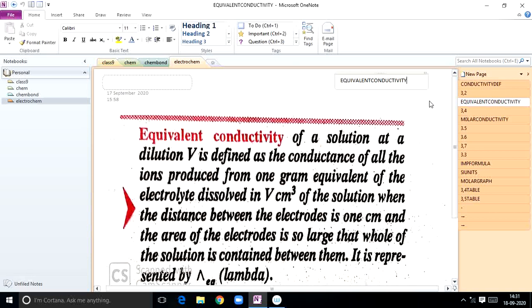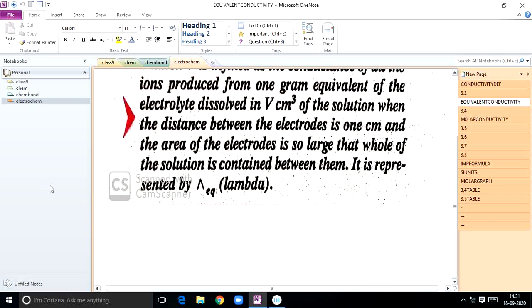So the conductance of all the ions produced from 1 gram equivalent of an electrolyte dissolved in V centimeter cube of the solution, when the distance between the electrodes is 1 centimeter and the area of electrodes is so large that the whole of the solution is contained between them, is represented by lambda E.